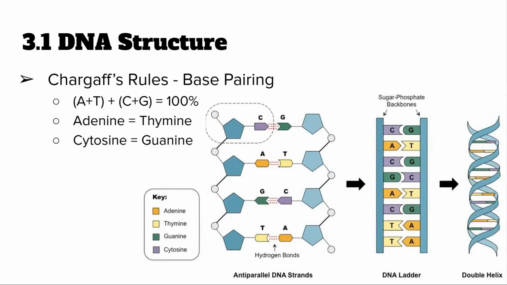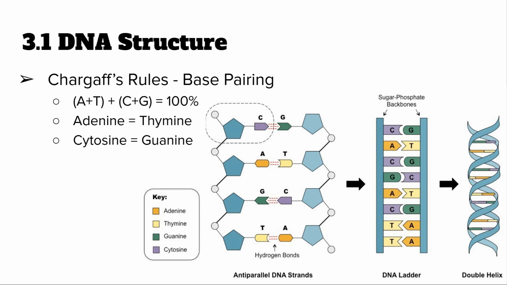Chargaff, because he's doing a lot of work with DNA, one of the things he posits in the time period he was working are a set of rules. And we now call them Chargaff's rules. But effectively, he said that the amount of adenine will always be the same as the amount of thymine in a DNA segment.